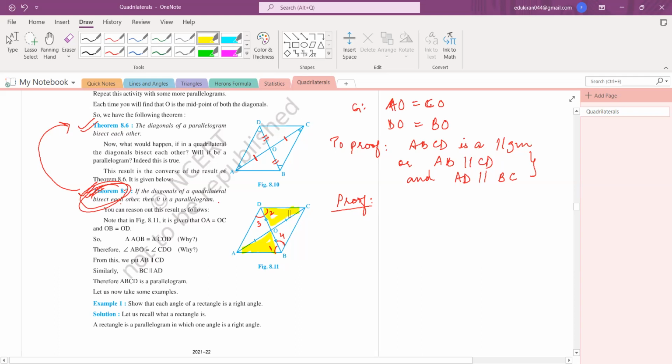I'm using these two triangles and I'll try to prove them congruent. Okay. So in triangle AOB and triangle COD. Yes, Miraj? Now Miraj will tell me what can I use in these two triangles.